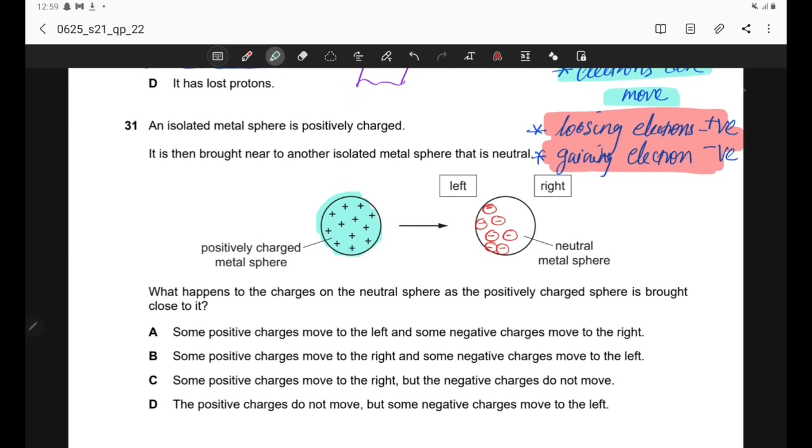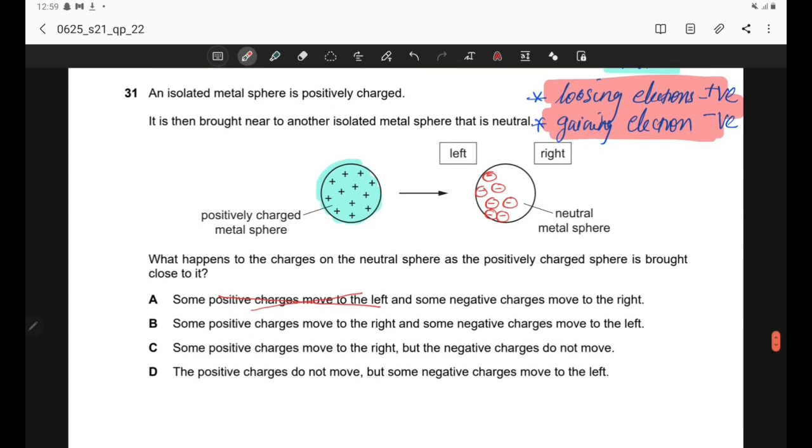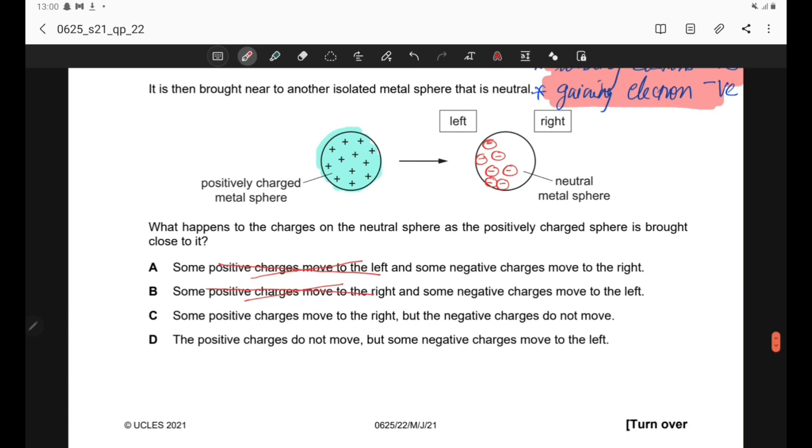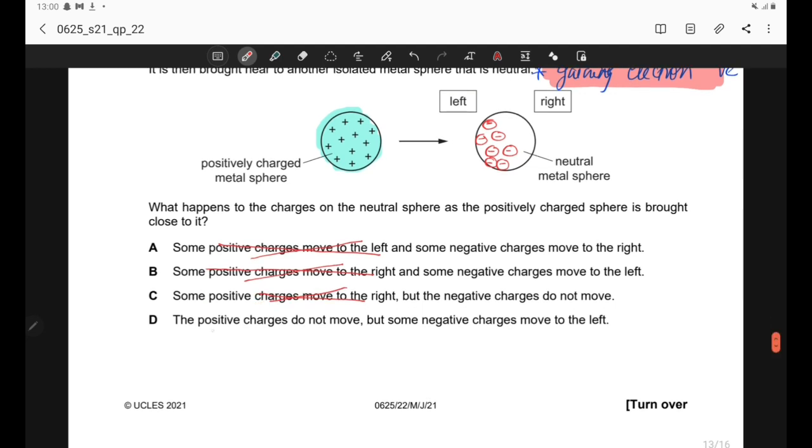So we can check what happens to the charges on the neutral sphere. Option A says some positive charges move to the left. That is wrong. Positive charges cannot move. Option B says some positive charges move to the right. That is also wrong, because positive charges cannot move. We have already discussed that. Option C says some positive charges move to the right. Again it says like that, so it's not correct. Option D, the positive charges do not move.